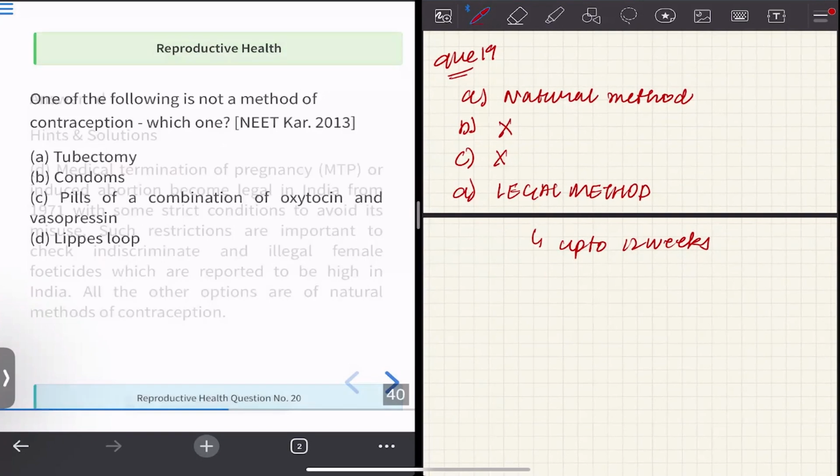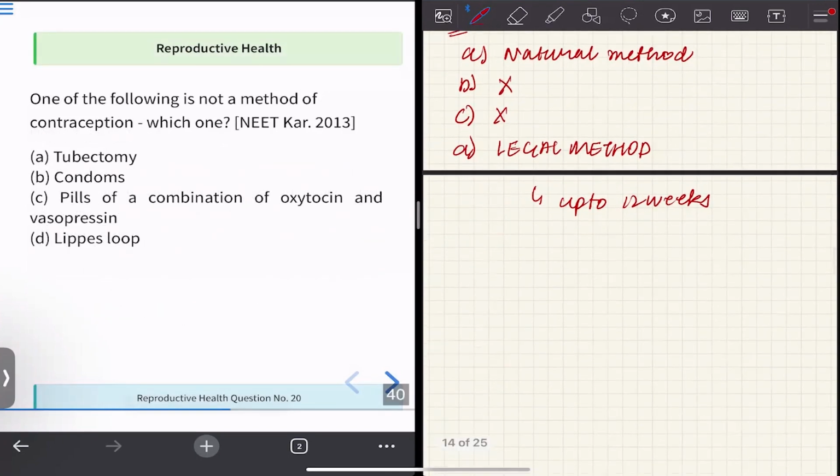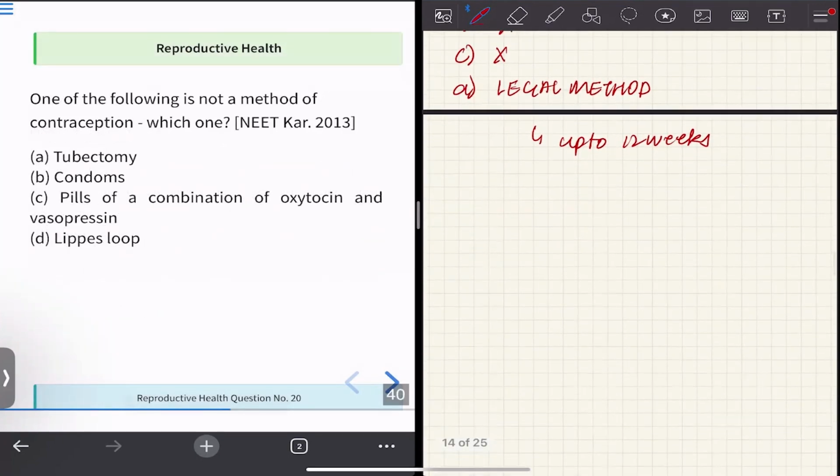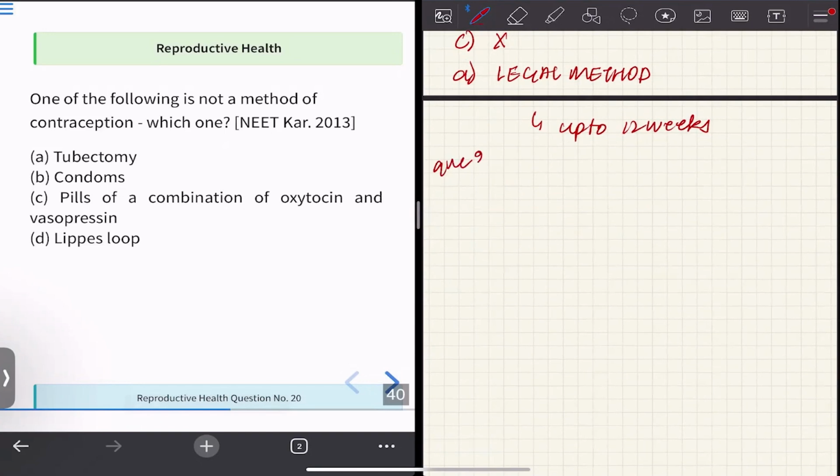Which of the following is not a method of contraception? Question number 20. We have tubectomy, which is a permanent method, permanent sterilization. Next, we have condoms, which are a barrier method. Next, we have pills, which is the oxytocin and vasopressin.